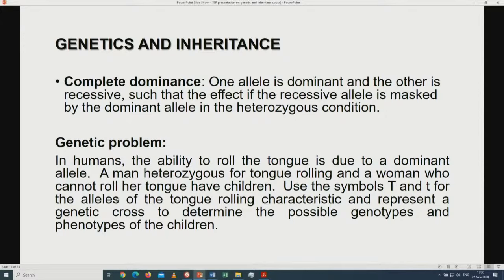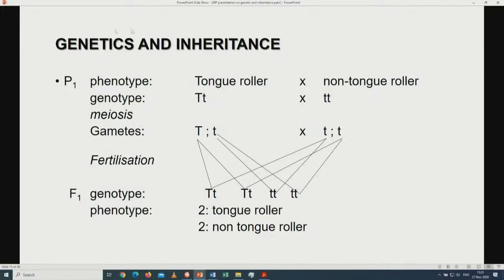It is indicated that the man is heterozygous and the woman cannot roll her tongue, which gives the woman's genotype as homozygous recessive. Now the answer will appear as follows. We know that the man is heterozygous for the condition and the woman is homozygous recessive.